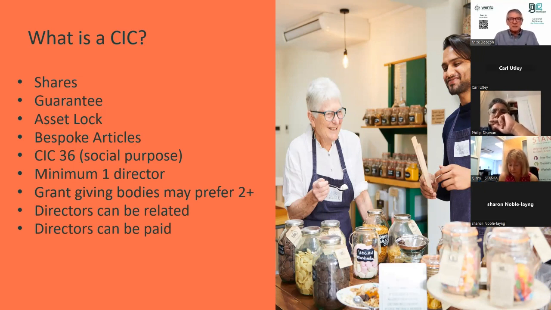So if your local council has a building that's falling into disrepute because they have neither the funds, the time, nor the ability to raise the funds, and the roof's falling in, that building can be gifted to, let's say, the local sports club under an asset lock. Then the sports club can't sell it to a developer, can't do anything with it, except they can own it, make it good, apply for grant funding for it and treat it as a resource and grow it for the community's benefit.